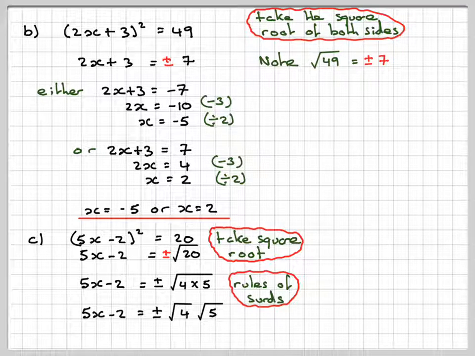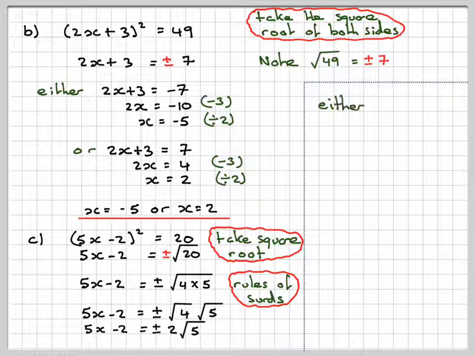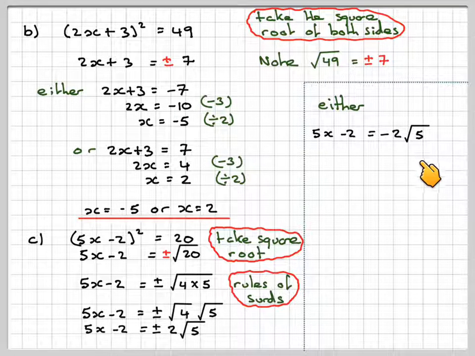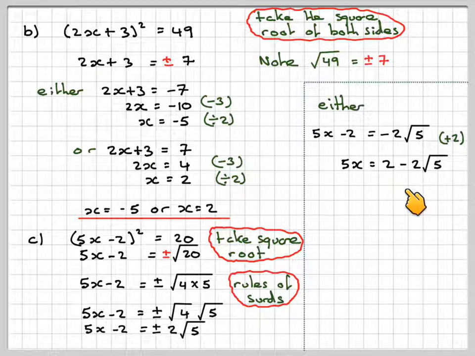And this is why it's good that you need to learn previous mathematics in order to apply it to a new situation. The square root of 4 is 2, so you get 5x minus 2 is equal to plus or minus 2 root 5. So either 5x minus 2 is equal to minus 2 root 5. So add 2 to both sides, you're going to get 5x is 2 minus 2 root 5.